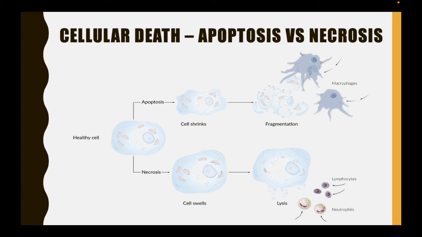The release of these contents triggers an inflammatory response by the innate immune system. The neutrophils come into the site in order to capture the released contents and break them down further, followed by lymphocytes later on.